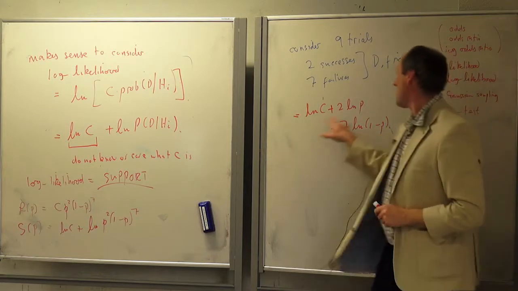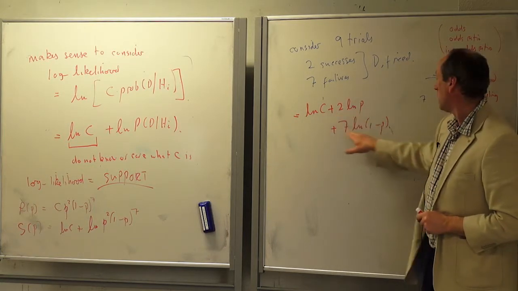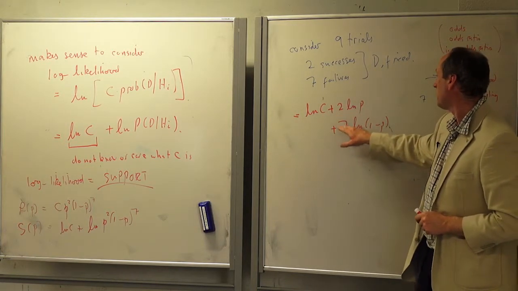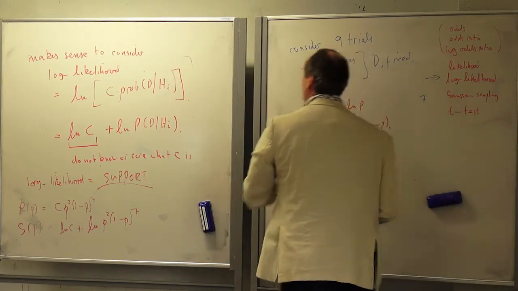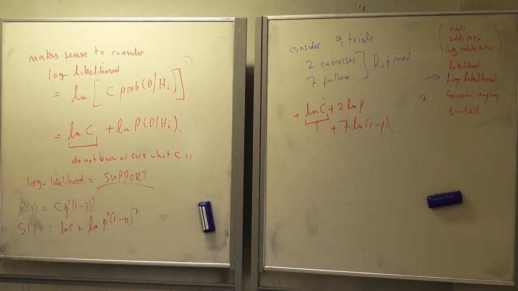You see, because the powers multiply, and I'm multiplying by 7 here. So it's very simple, and this is an arbitrary additive constant. Let me show you how that works.